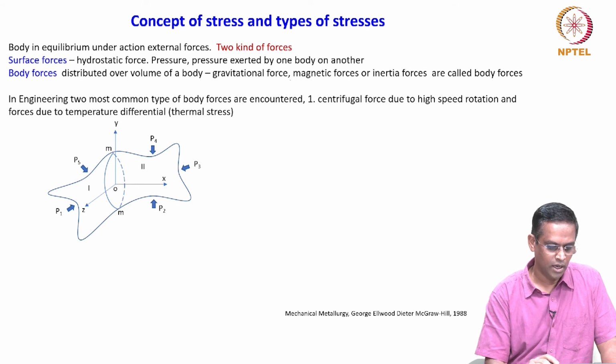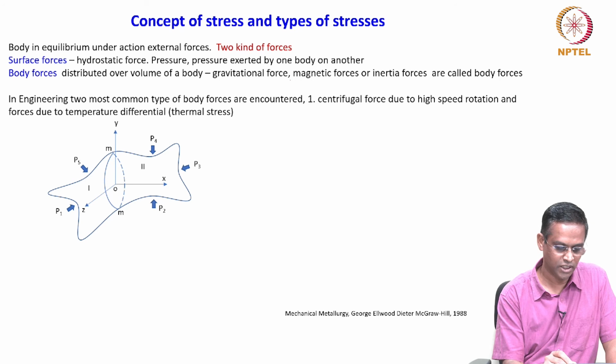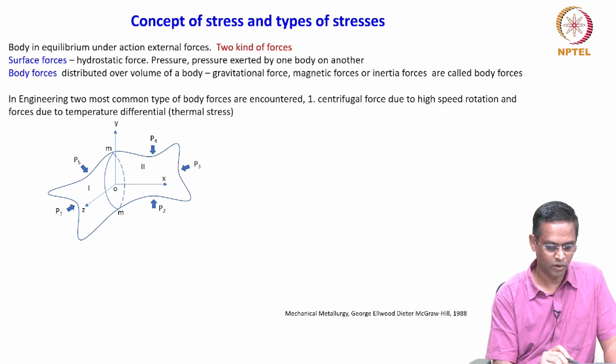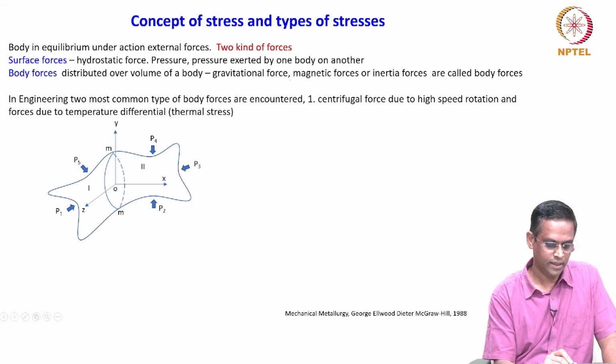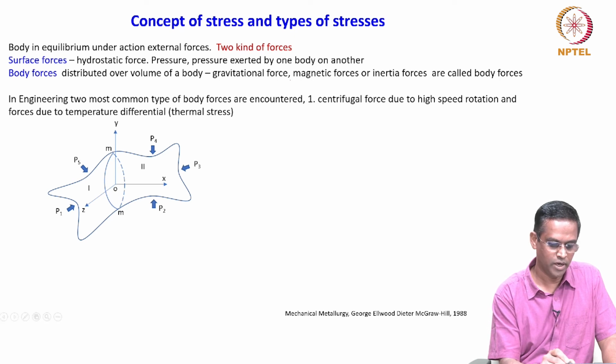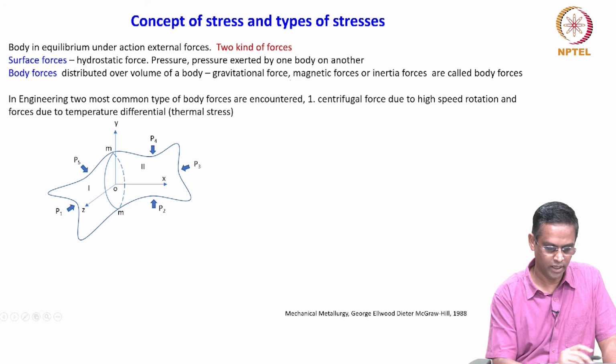We are interested in looking at the stress at the point O in the plane mm. This plane mm is bisecting the two parts, part 1 and part 2, and this is an x, y, z coordinate.